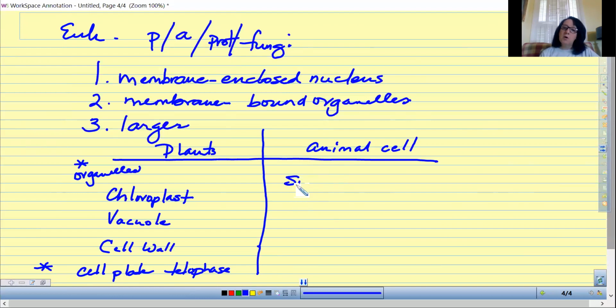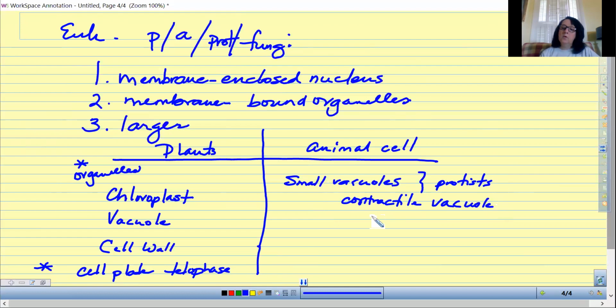You've got small vacuoles. But what vacuoles did we learn about in different animal cells? Well, if you happen to be doing protists, you've got things like contractile vacuoles that help them to control water into and out of the cell. Or you may have food vacuoles in lesser critters that don't have a true digestive system to get food in and out.